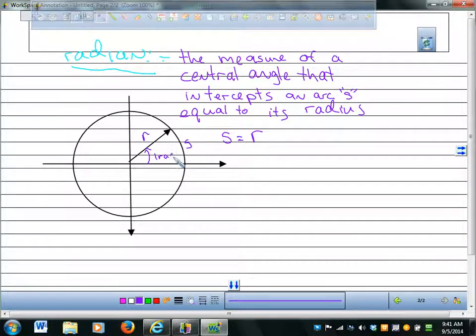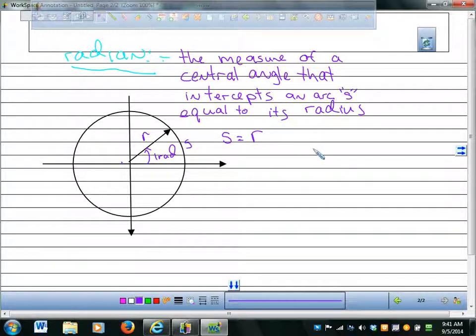You don't usually put units on radians because radians are a ratio rather than a measure. A radian measure is actually the ratio of the arc length, which is S, to the radius.